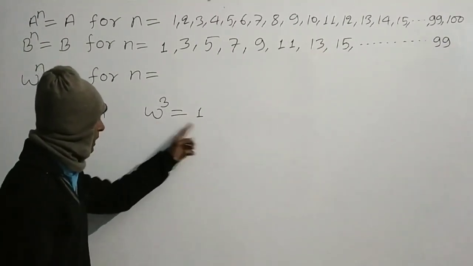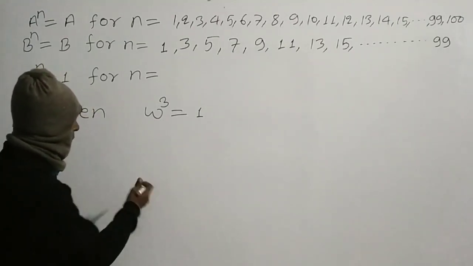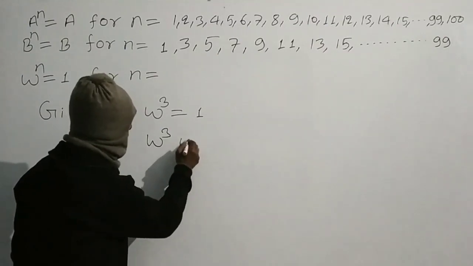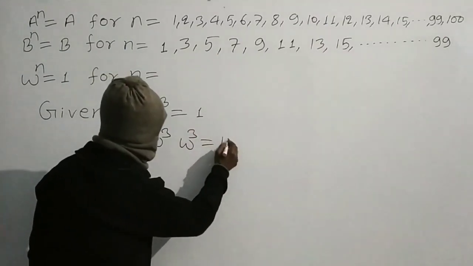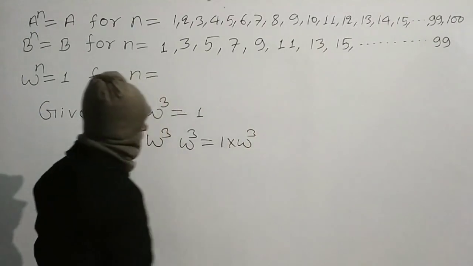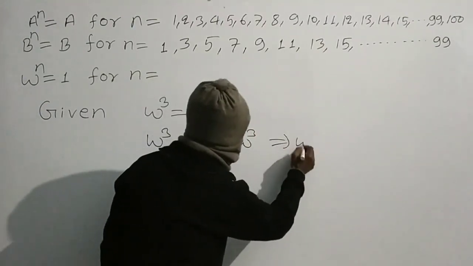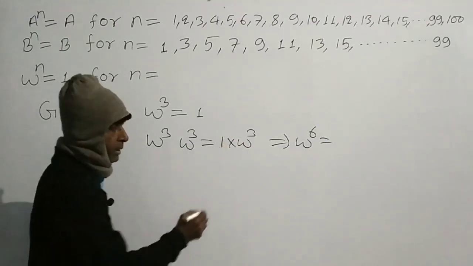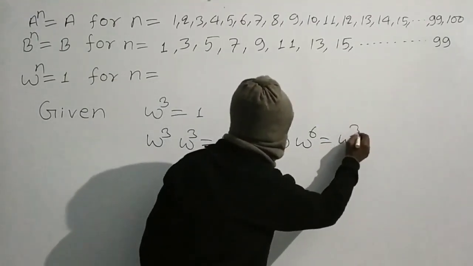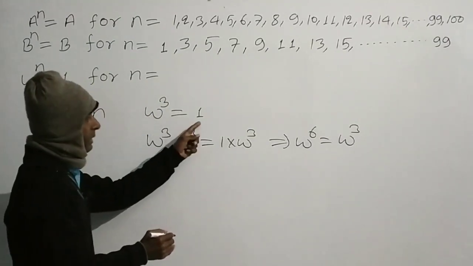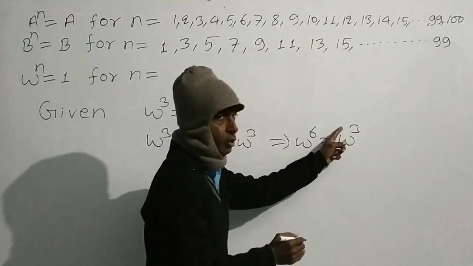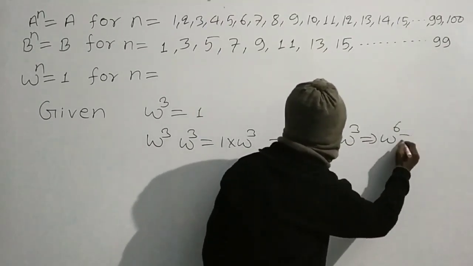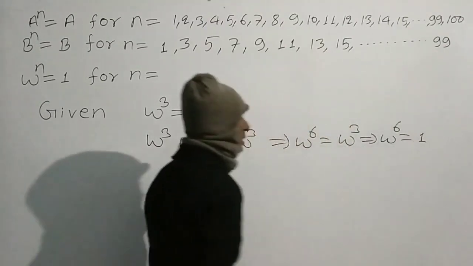Multiplying both sides by omega cube, we get omega cube times omega cube is equal to 1 times omega cube. This implies omega 6 is equal to omega cube, but omega cube is 1, therefore omega 6 is equal to 1.